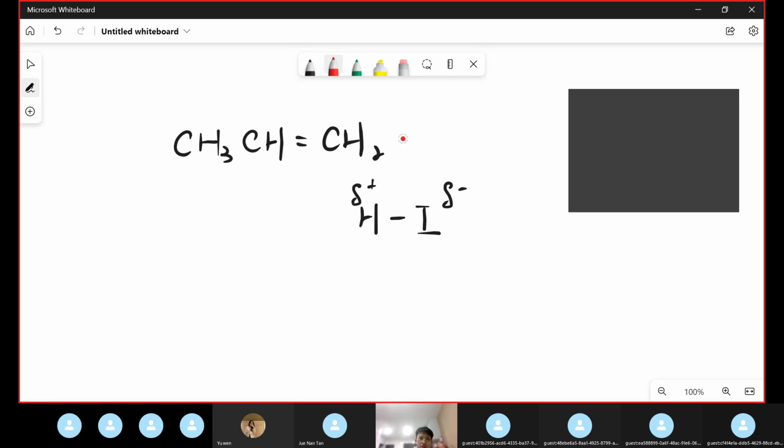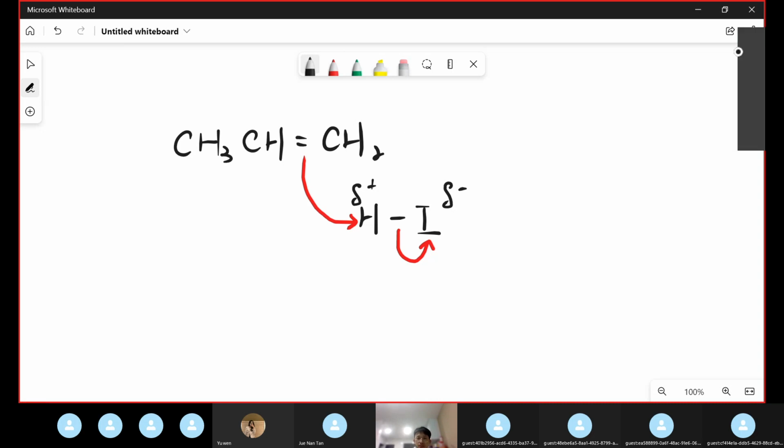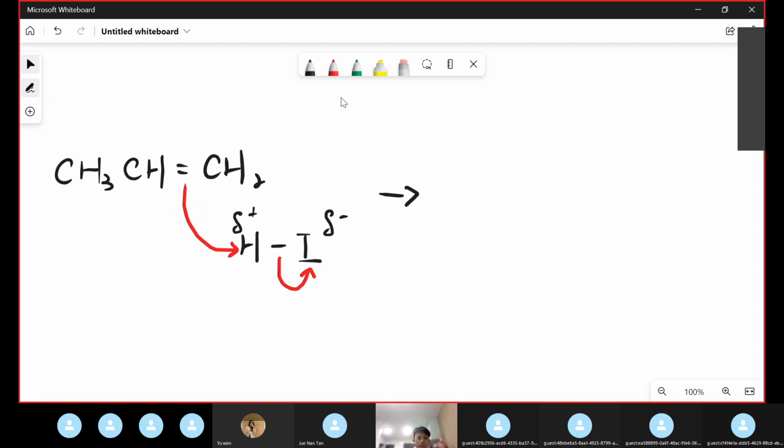So the double bond will come to attack the H, sorry, not the H plus, it is H of the hydrogen iodide, then the bond breaks and goes to the I. Then we will get something like this, we call it intermediate.